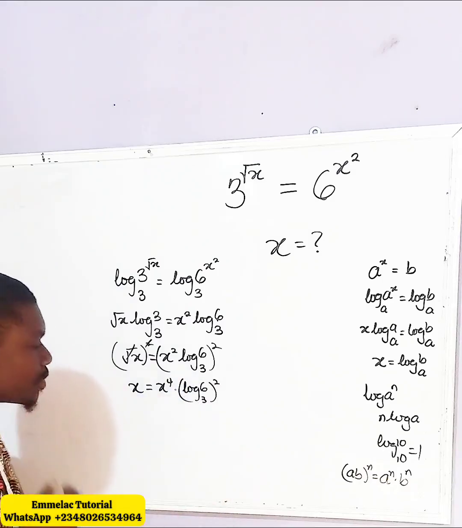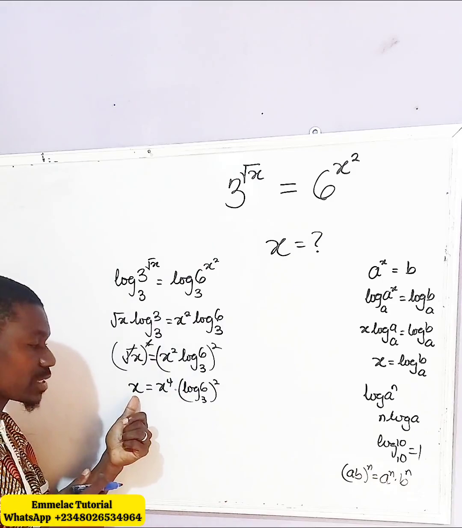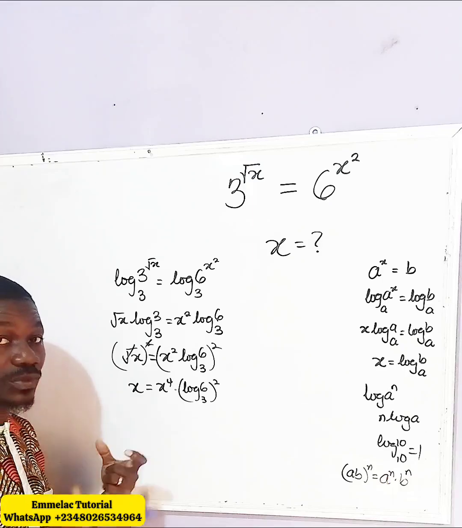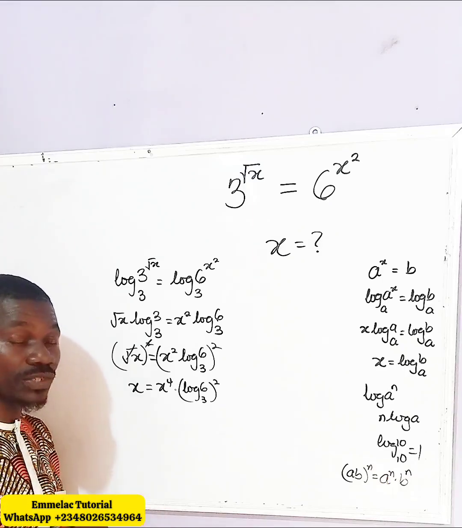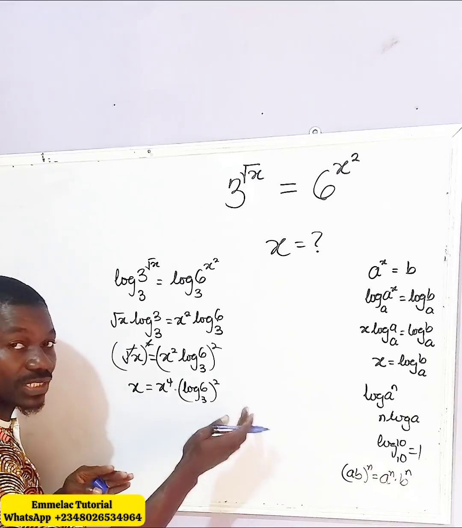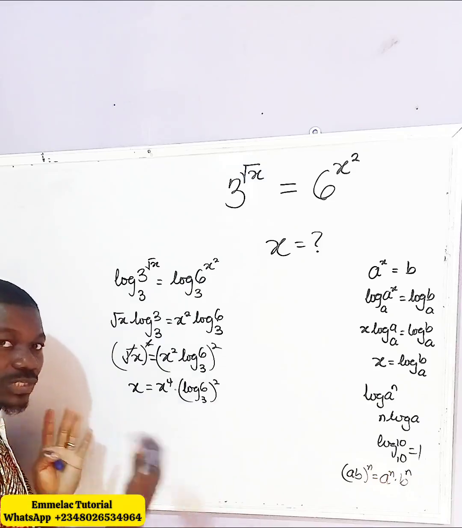Since we have a variable x here and also x here, it's not ideal to divide, because we might lose one of the solutions. So let's subtract x from both sides and equate it to 0.